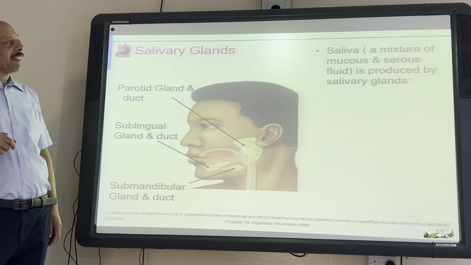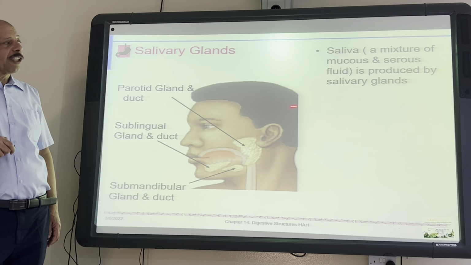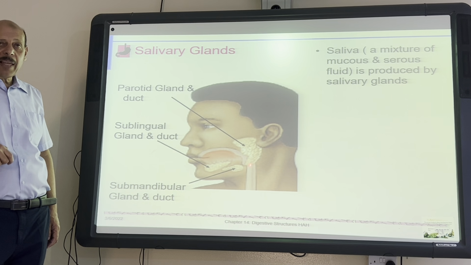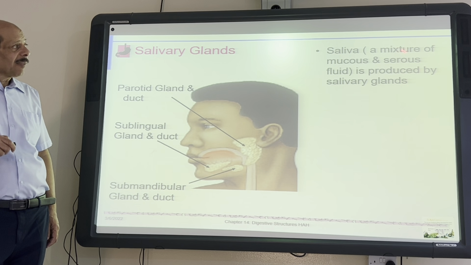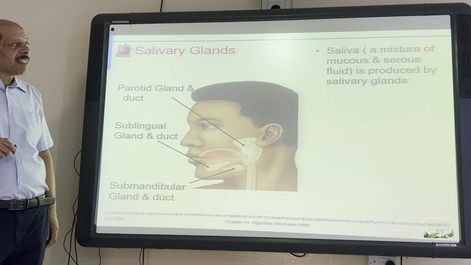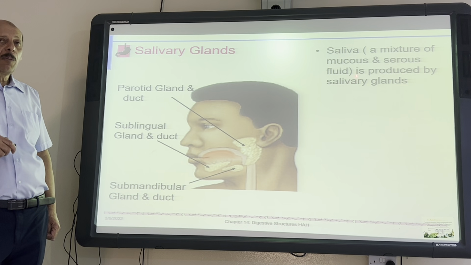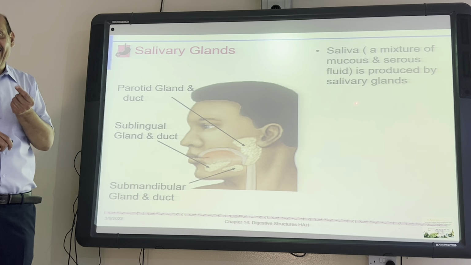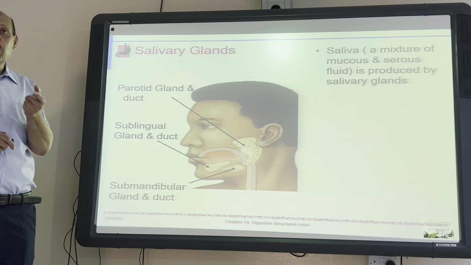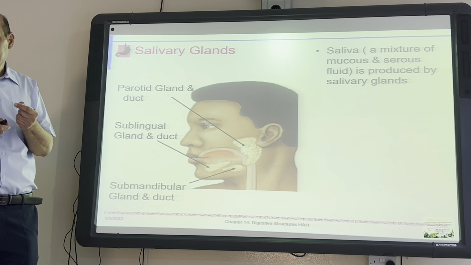The saliva, which is the secretion of the salivary gland, is a mixture of mucus and serous fluid. Because of that, it is not thick. The mucus usually is sticky and thick.